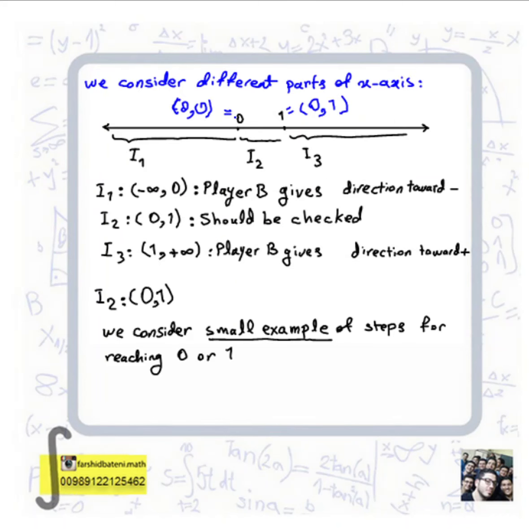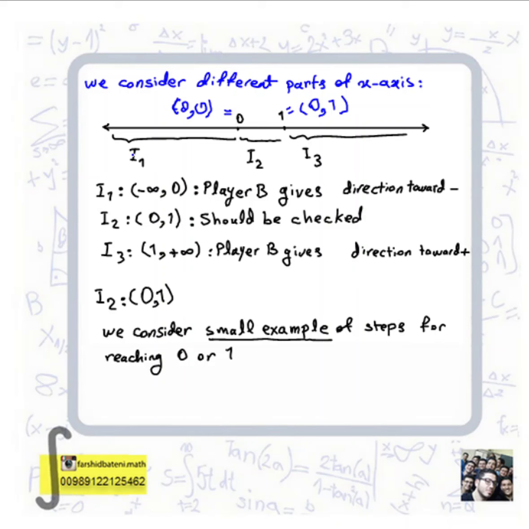We consider three different parts of the x-axis. We write each point in these formats. We don't write the y coordinate of the points because all of them are 0. So we want to reach 0 or 1 on this axis.